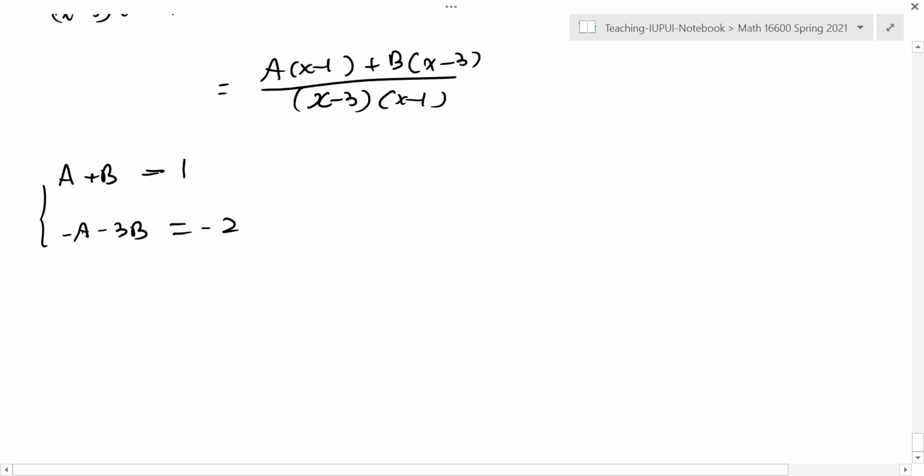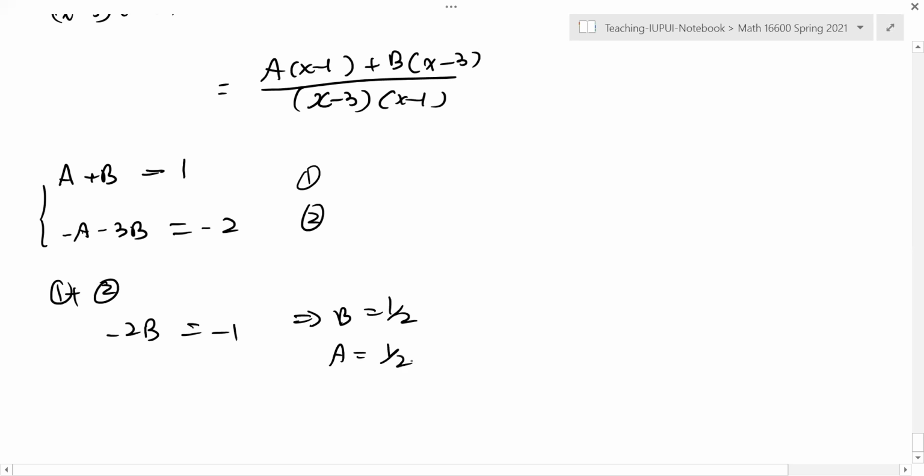All right, so just solve this system of linear equations. Okay, you can add them together, and you get negative 2B and negative 1 here. So B is going to be 1/2. If B is 1/2, A is also going to be 1/2. Wow.